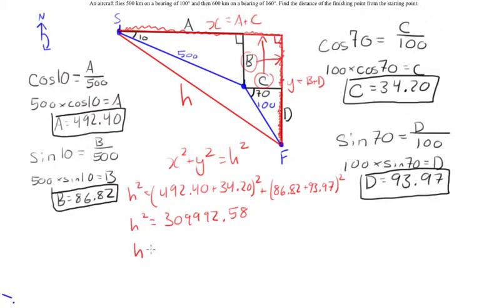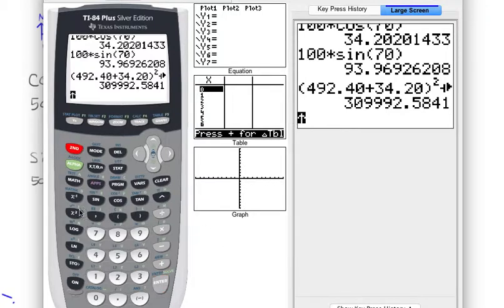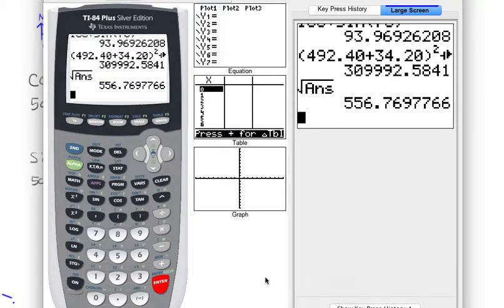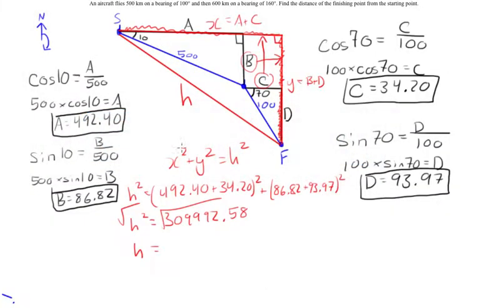So that's h squared. So if I want to find h, I've got to take the square root of both sides. So I put in the square root of that, and I get 556.77. So 556.77.